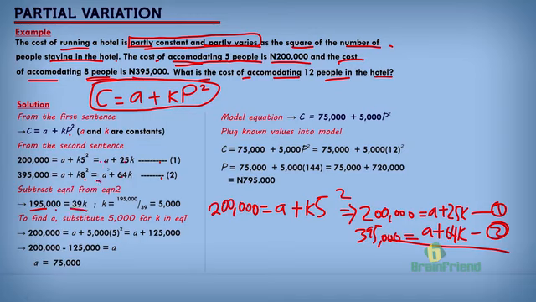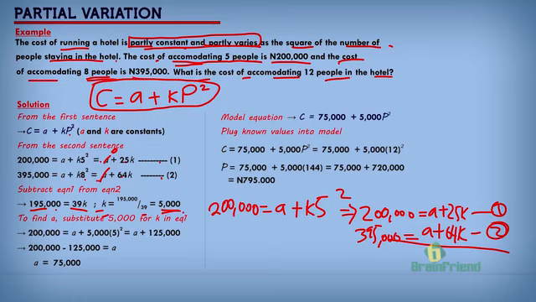A minus A is 0. So we've managed to eliminate A. 195,000 is equal to 39K. K, therefore, is 195,000 over 39, which is 5,000. So we know K to be 5,000.